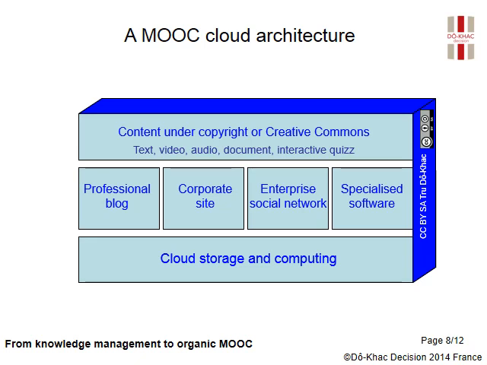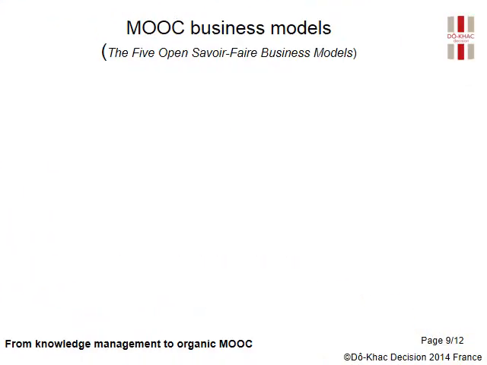Of course, the architecture should be aligned to the MOOC strategy: Type 1 MOOC, Type 2 MOOC, Type 3 MOOC, or Type 4 MOOC. With the why, we answer the question why a MOOC can generate some business value.